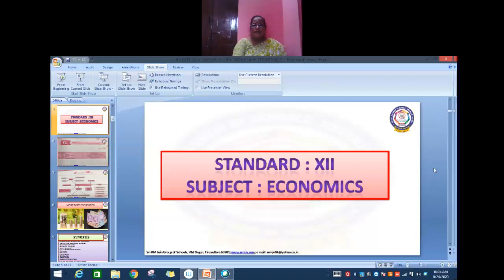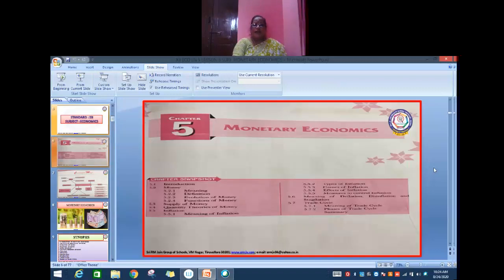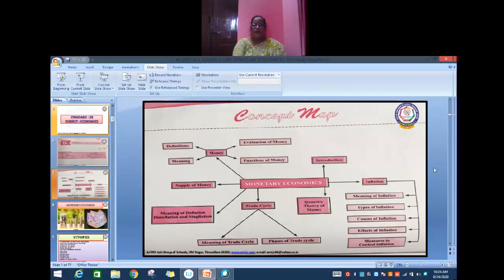Standard 12, Subject Economics, Lesson 5, Monetary Economics. This is the concept map. So far we have completed Monetary Economics Introduction, Meaning, Definitions, Evolution and Functions of Money, Supply of Money.